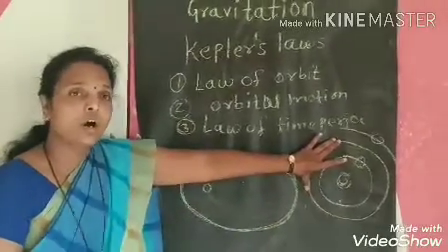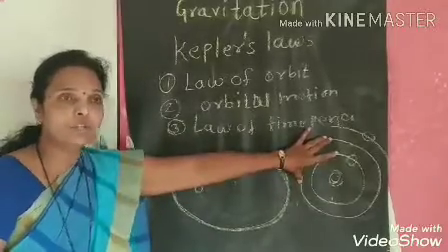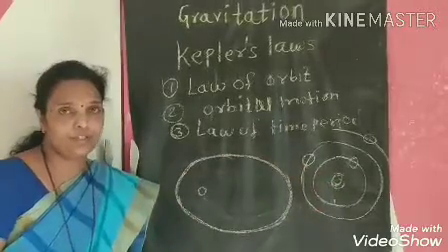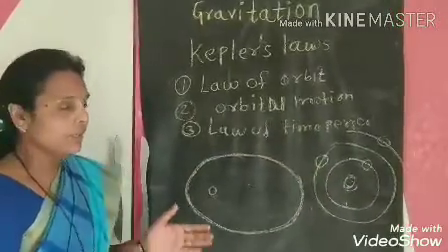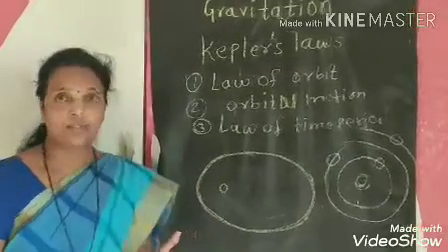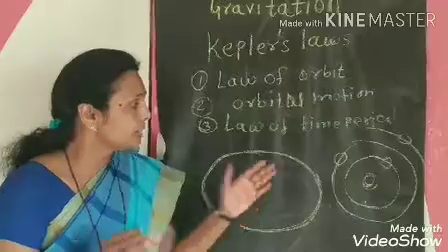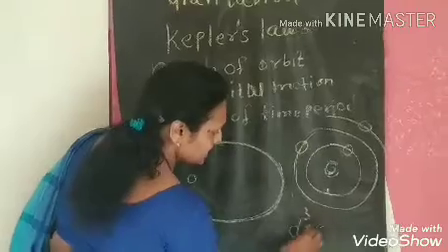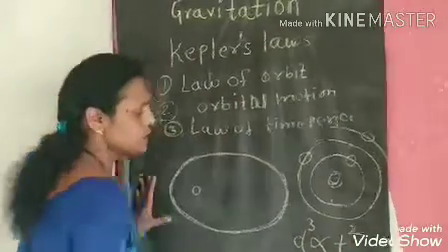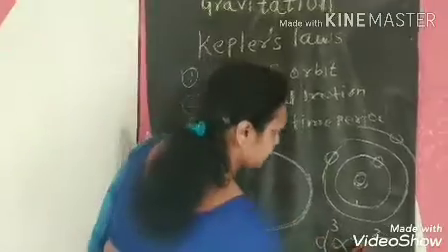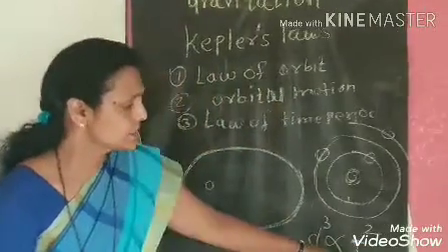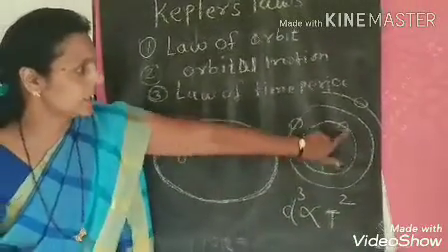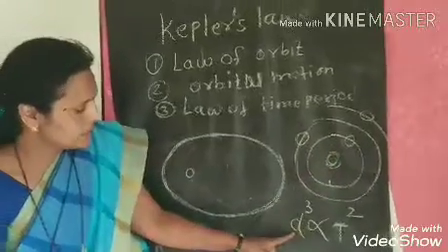The square of the period of revolution around the sun is directly proportional to the cube of the mean distance of the planet. How will we write this? d^3 is directly proportional to T^2. Here T means time period, which is required for one planet to move around the sun, and d means distance.